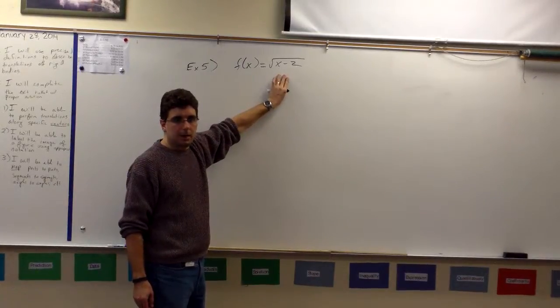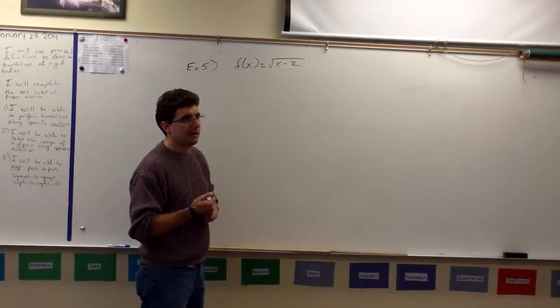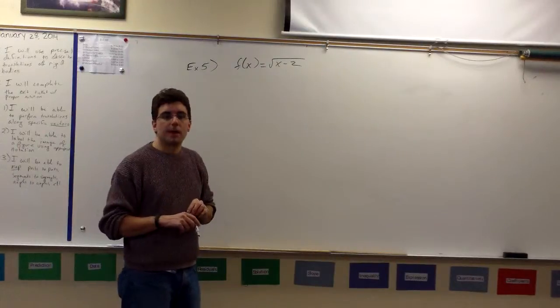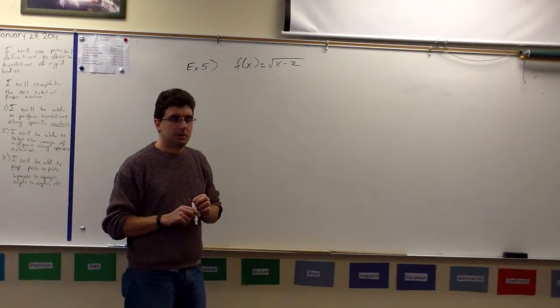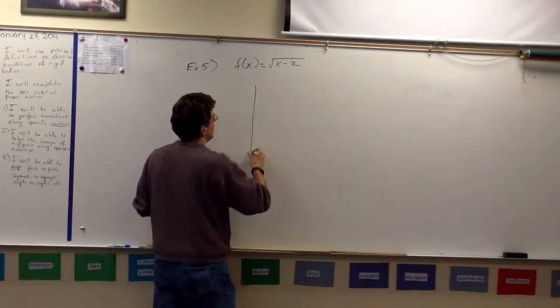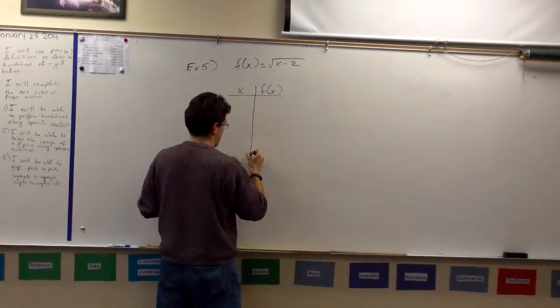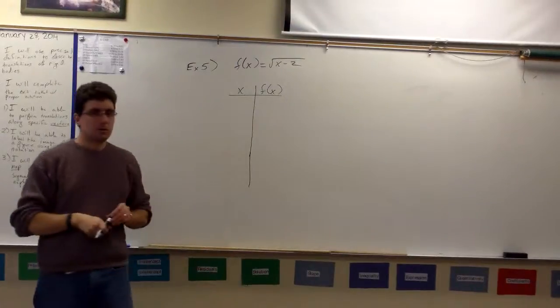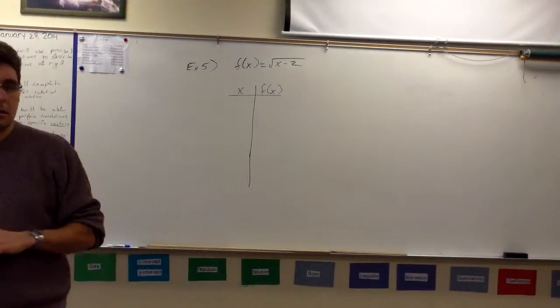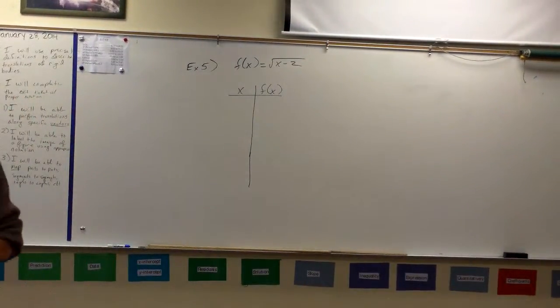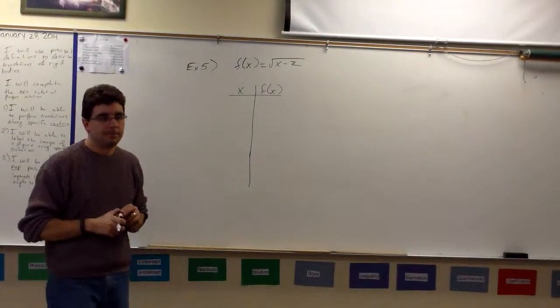So we're going to do this one together for the sake of time. We're going to create a table, and I'm going to call it x and f of x.